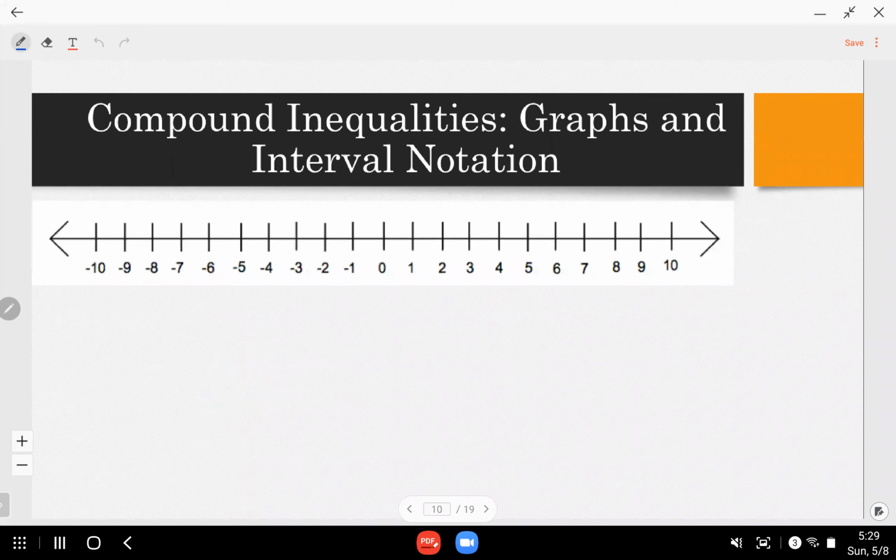Now let's look at the graphs of inequalities. We have the and and the or.